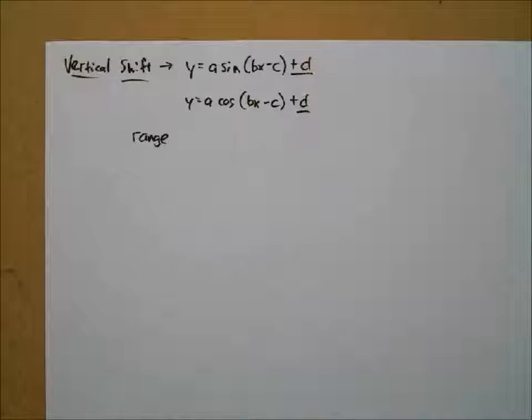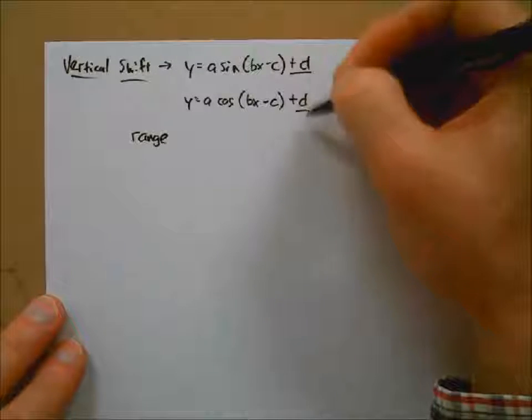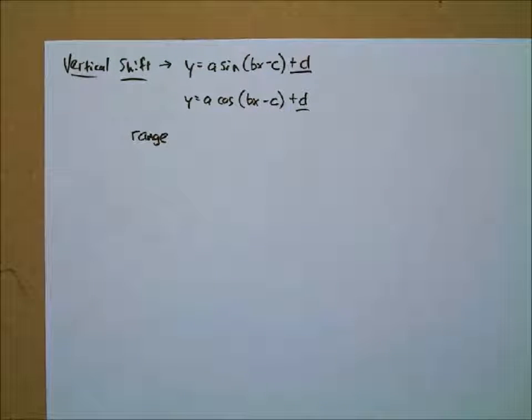But now we're also going to shift things up or down a quantity of D. You can think of that vertical shift almost like it shifts the center of our wave up or down.